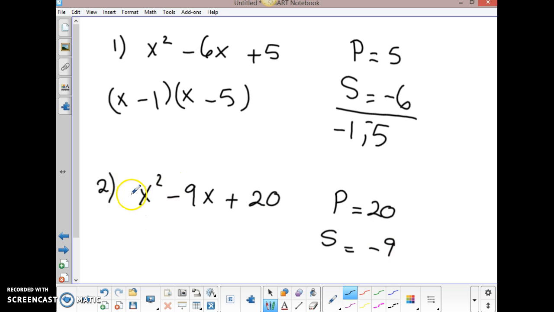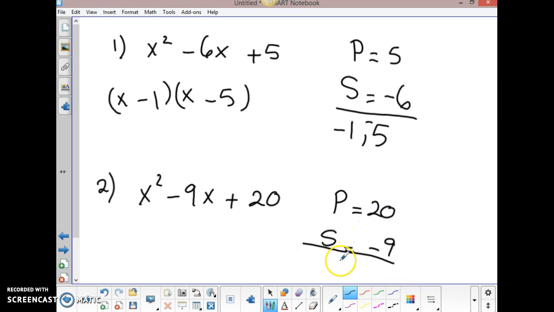Remember here, this technique works only when a is 1, when the coefficient of x squared is 1. Notice that the number that's multiplied by x squared here is 1. There is another way when the number in front of x squared is not 1 that we can do in a later session. So let's try to find those 2 numbers that we're looking for.